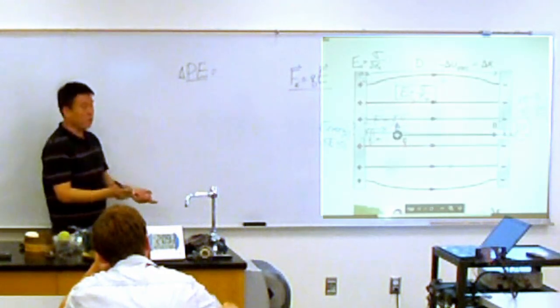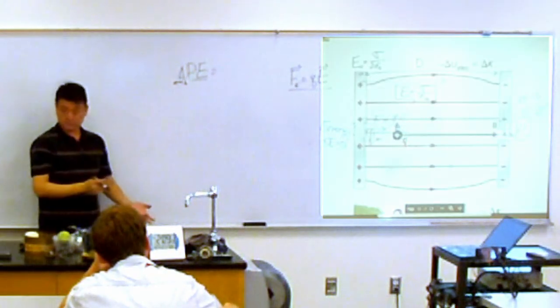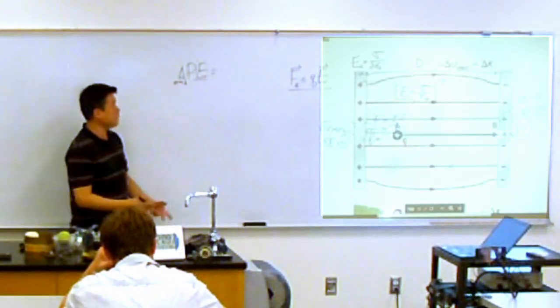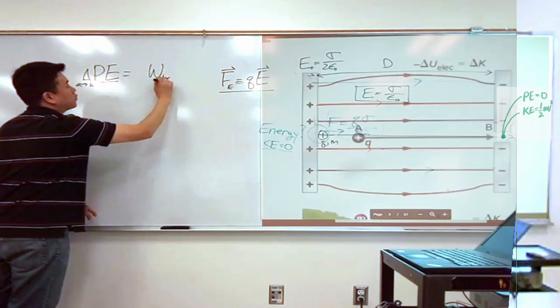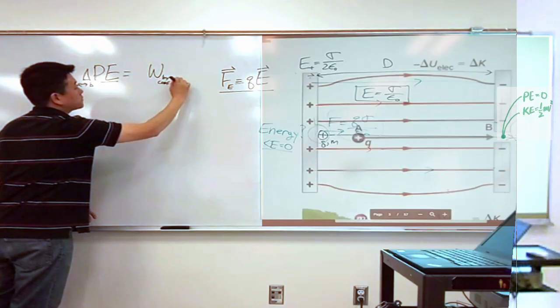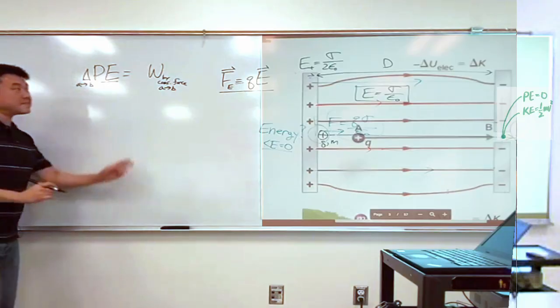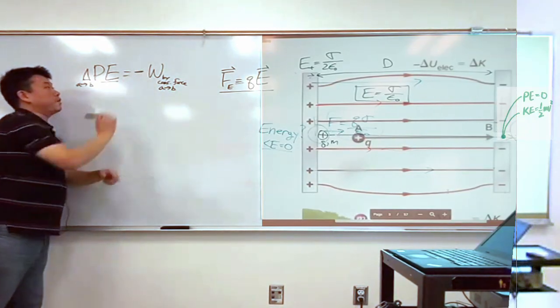So you are imagining going from some point A to B, right? And the change in the potential energy is given by the amount of work done by the conservative force going from A to B. But actually, it's not equal to the amount of the work. It's the negative of the amount of work.